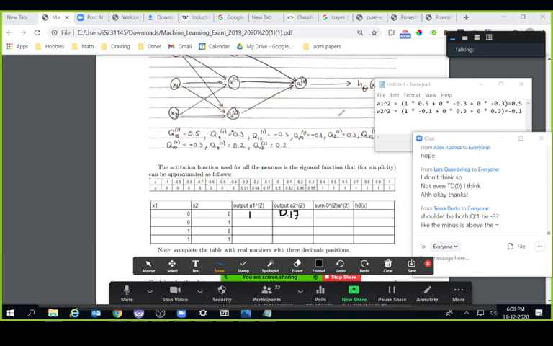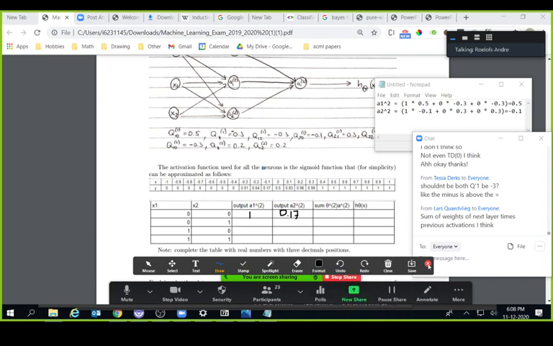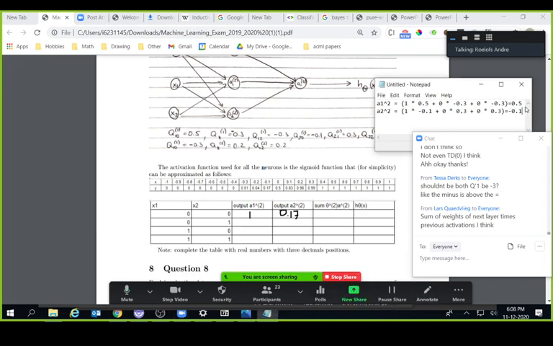Wait, sum of theta 2. Oh, I think they mean this one. Okay, wait, yeah, never mind. Yeah, they mean this one.